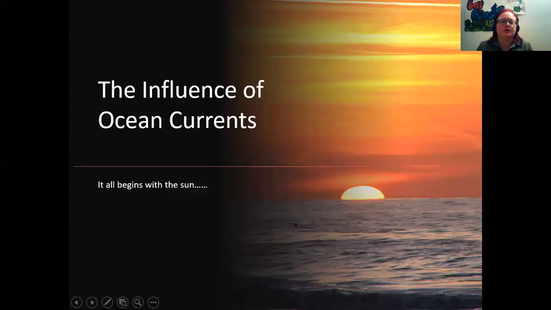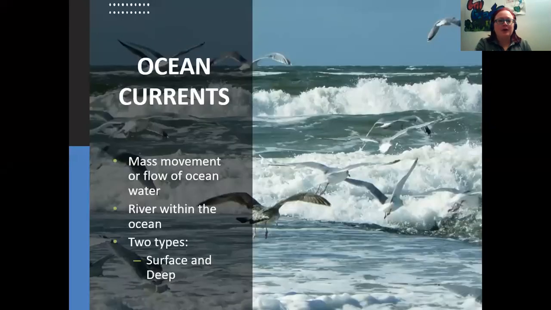Okay, so the influence of ocean currents. It all begins with the sun. Okay, ocean currents. Ocean currents are mass movement or flow of ocean water, like rivers within the ocean, and there are 2 types, surface and deep.